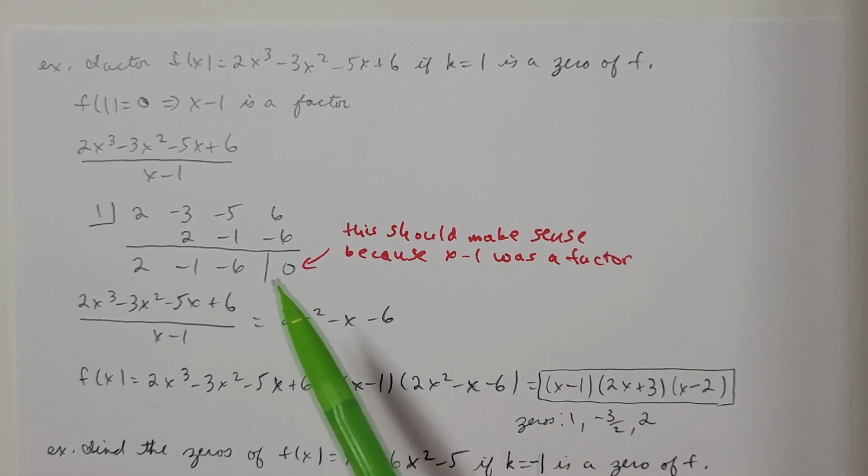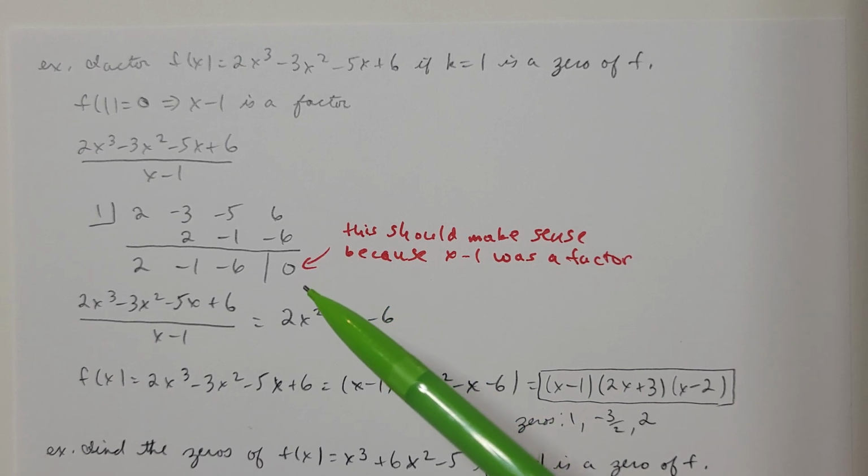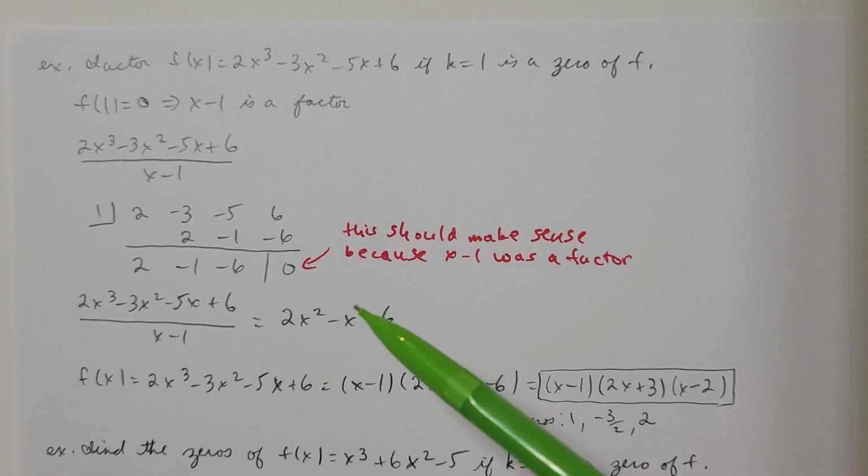By the way, in these problems you'll always have 0 left over. If I get any other number for the remainder, I didn't divide correctly.